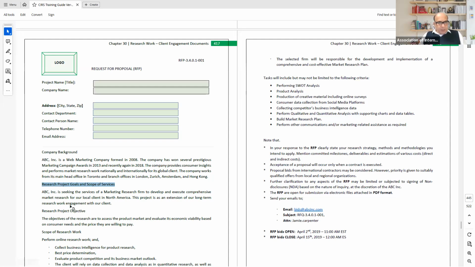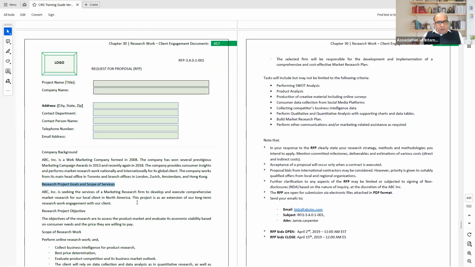So let's look at this one where I'm pointing to. It says ABC Incorporated is seeking the services of a marketing research firm to develop and execute comprehensive market research. So, it's a market research project. At least you have something that is defined within the category of market research.